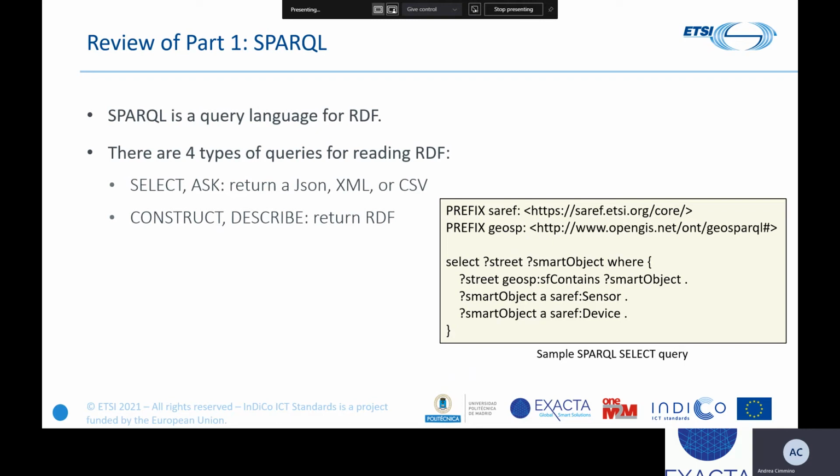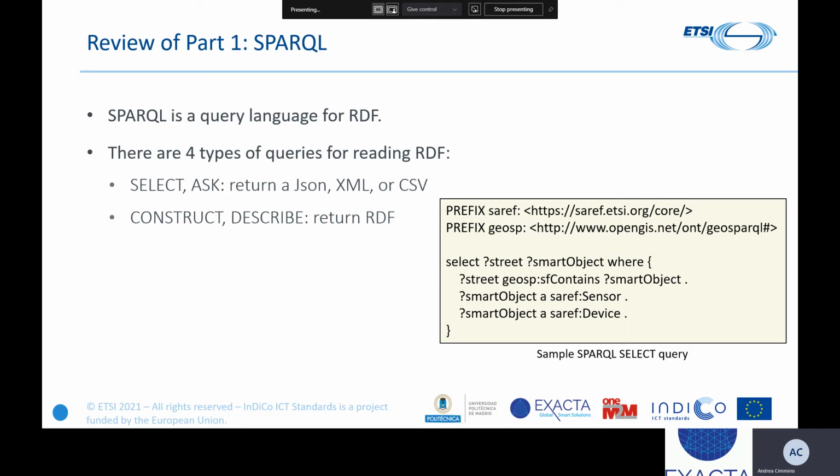So in this case, we specify that we want to get back from the RDF data two variables, street and smart object. Where, and now we put the clause where, and we start indicating statements that have restrictions. Statements are triples, okay? And each element in the triple can be a subject, predicate, object as in RDF. And when we specify something with a question mark, as I mentioned, it will be a variable.